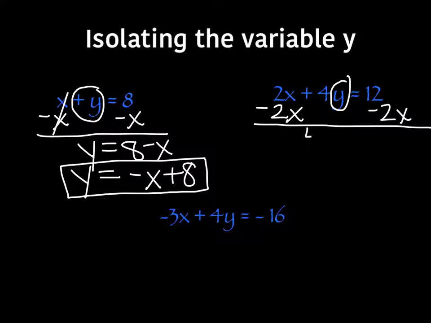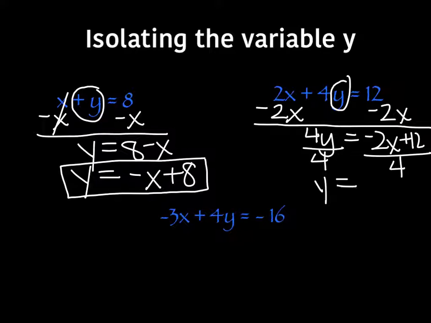So what that leaves me with is positive 4y. And I'm just going to go ahead and write my x's first. So that's a negative 2x, and then I have a positive 12, so plus 12. Now I still don't have y by itself because I need to divide both sides by 4. So that leaves me with y by itself. And then I have to divide everything by 4 on the right side.